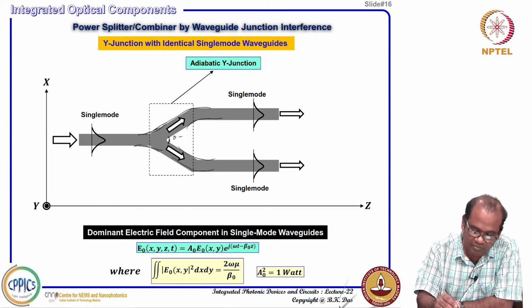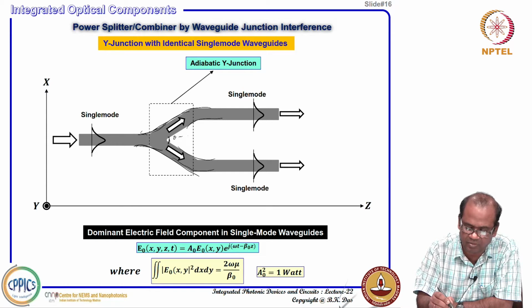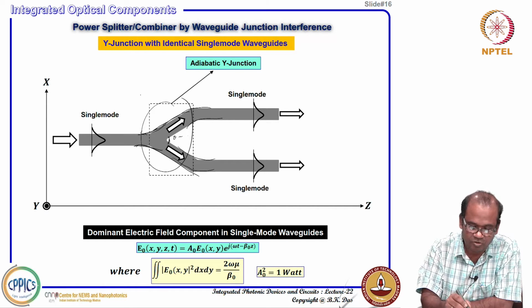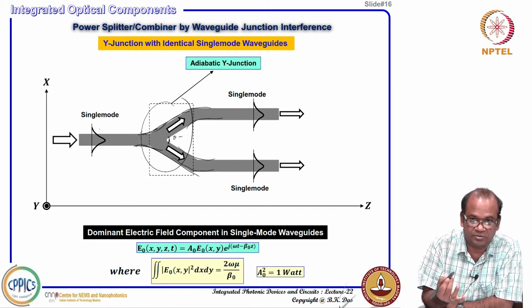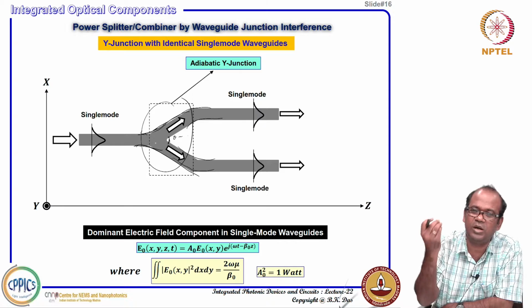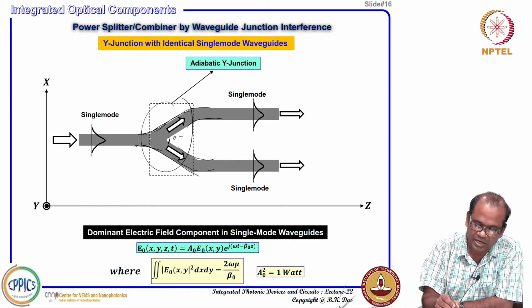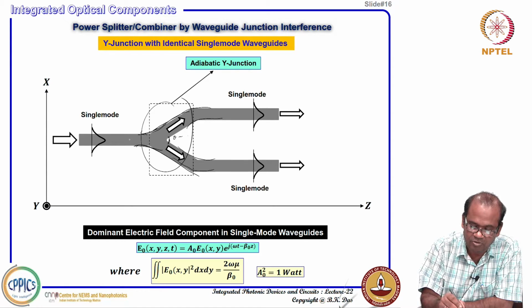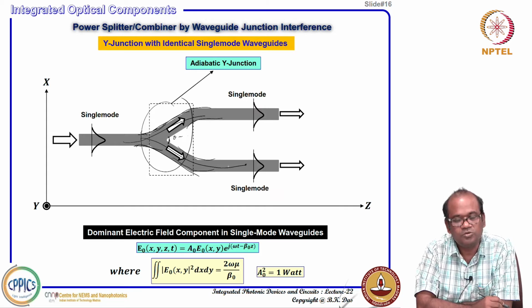So, that is why you can make a slowly tapering junction, and theta may be small, so that the losses here can be minimized. You can design the theta, particularly for a lithium niobate waveguide, such that the loss can be 0.001 dB or something like that. So, assume that there is no loss here. In that case, power will be almost 50% going here and almost 50% going there.